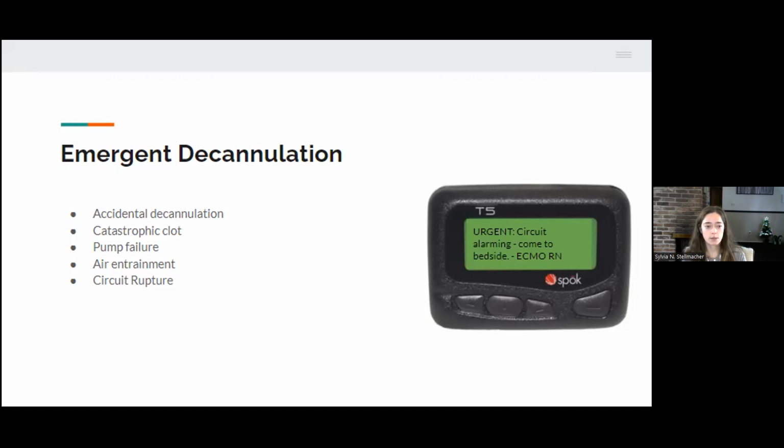If this does happen, there's a specific process that the bedside nurses and perfusionists have for removing someone from ECMO. They clamp the cannula to prevent hemorrhage. They stop the ECMO pump, and they initiate rescue settings. And this rescue support includes increasing vasoactive support quite quickly and implementing rescue vent settings if they're not already on rescue vent settings.